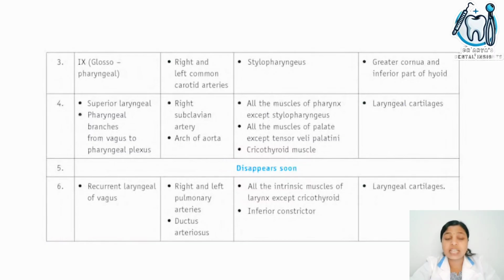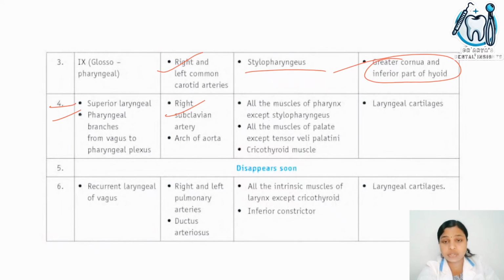Then the third arch, the nerve is the glossopharyngeal nerve, that is the ninth cranial nerve. Here the artery is the right and left common carotid arteries, and it supplies the muscle stylopharyngeus. The skeletal components are the greater cornu and inferior part of the hyoid bone. Then the fourth arch, it is the superior laryngeal and pharyngeal branches from the vagus to the pharyngeal plexus, right subclavian artery and arch of aorta.